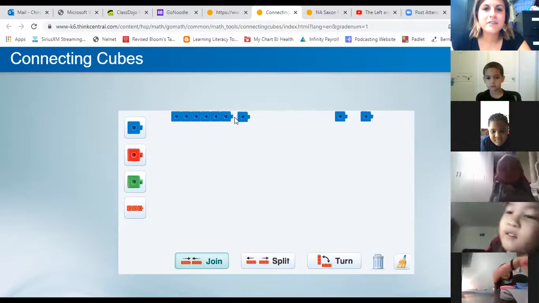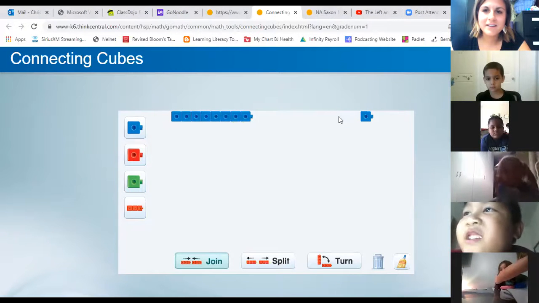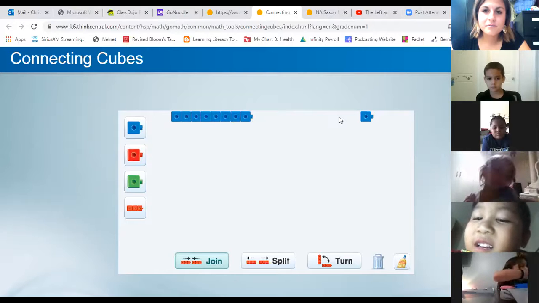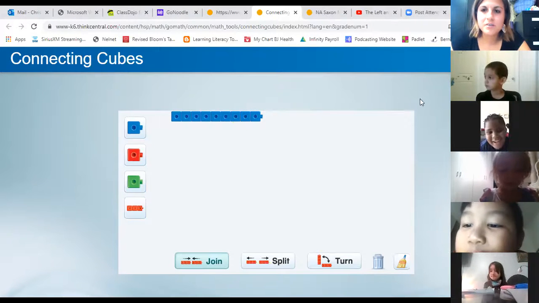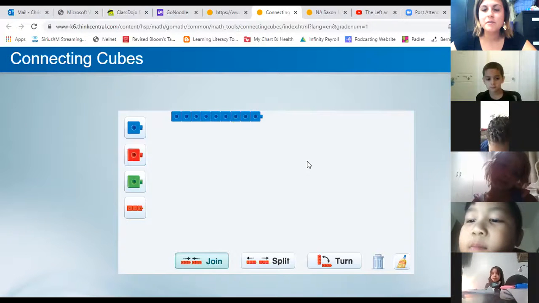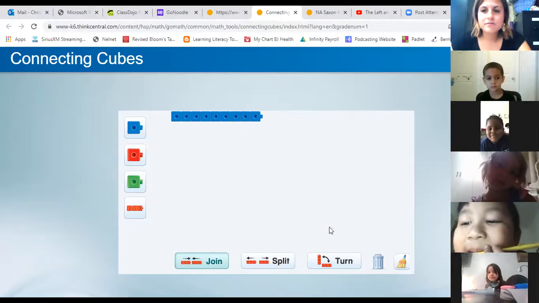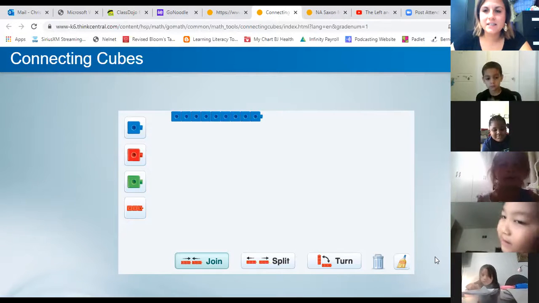Like if we had real cubes. What about split and turn? Yeah, so we'll use that one here in a second. So we started off with 9. How many were we taking away? I'm going to show you here in a second, Genesis.